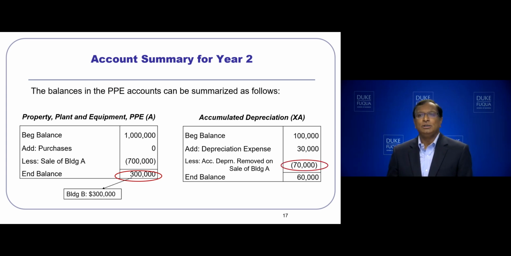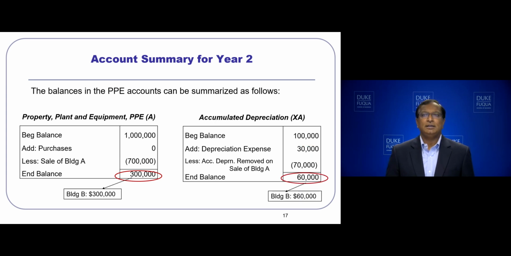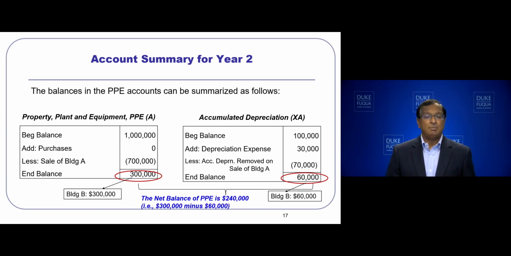We remove the accumulated depreciation of building A, but in addition, we have also added 30,000 of depreciation for building B. So the ending balance of accumulated depreciation is $60,000 pertaining only to building B. So the net amount on the balance sheet is $240,000, representing the value of building B: $300,000 on the purchase price minus $60,000 of accumulated depreciation for 2 years of depreciation at $30,000 each.